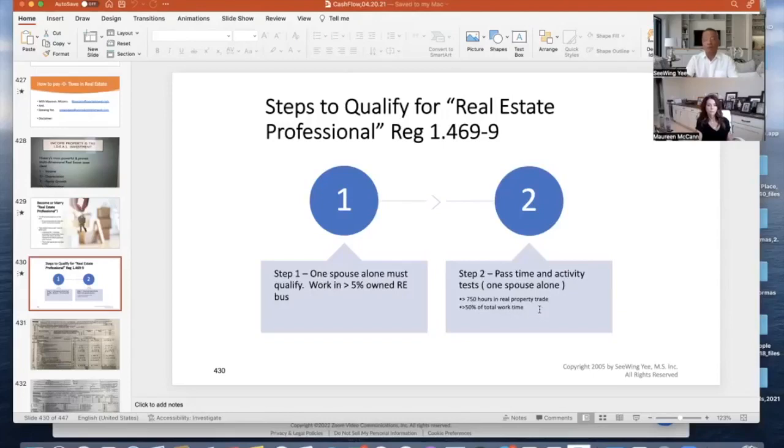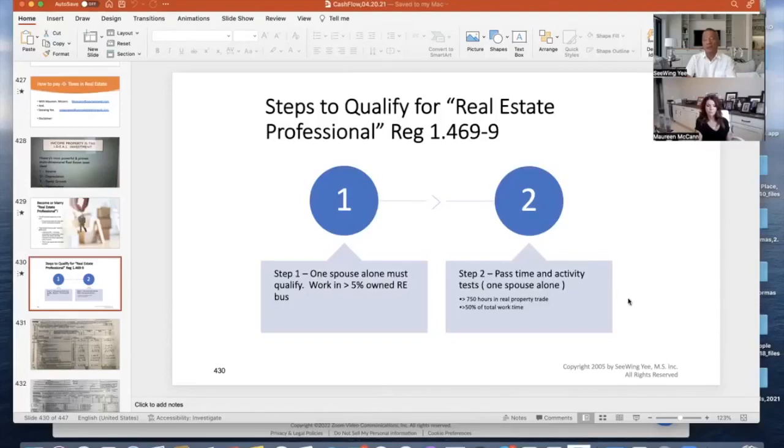I don't want to sound too technical because I'm not a tax advisor, and I don't want to bore you to death, but the non-working spouse, ideally, or maybe a part-time working spouse, can become a real estate professional as long as you meet these rules: 750 hours per year in materially participating hours.